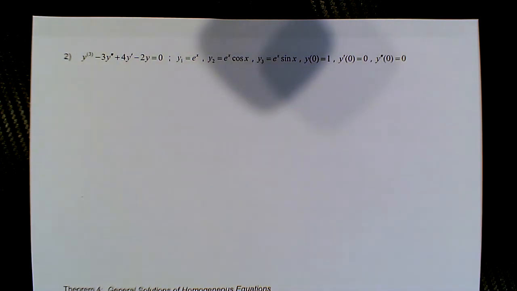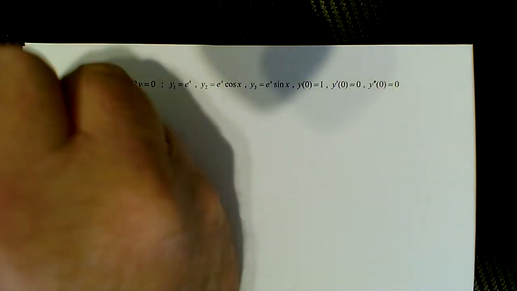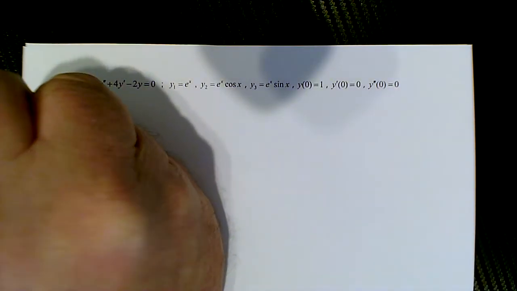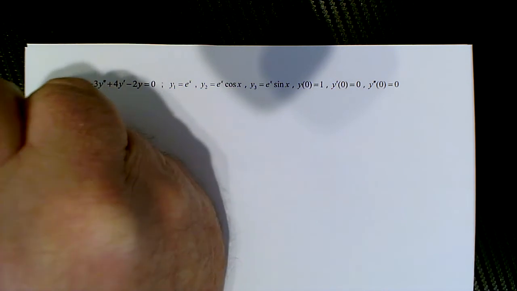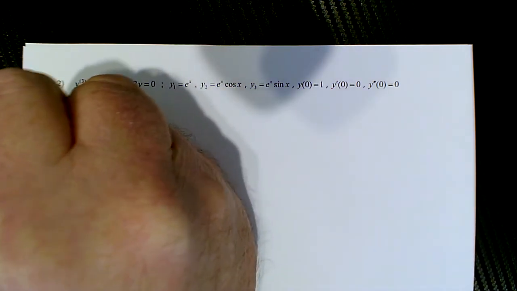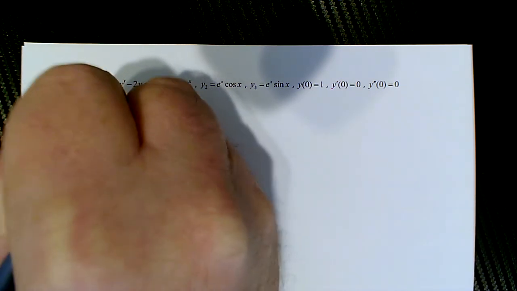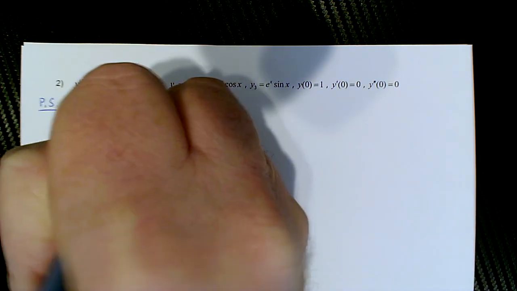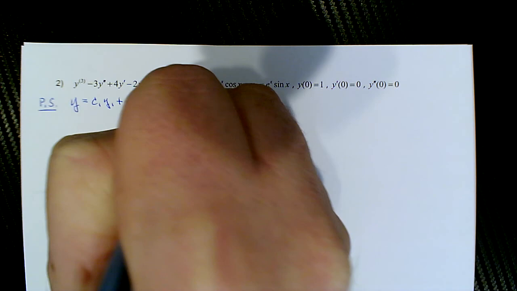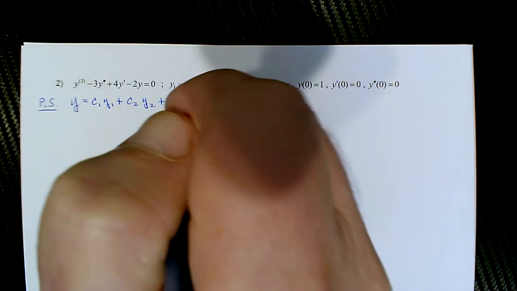And first thing is to use the principle of superposition to find a general solution. We're already given the 3 solutions, and so in general y is c1 y1 plus c2 y2 plus c3 y3, and we're using PS for principle of superposition.